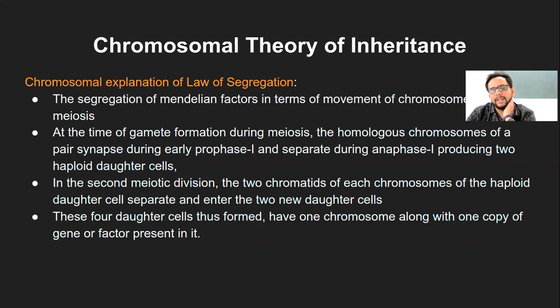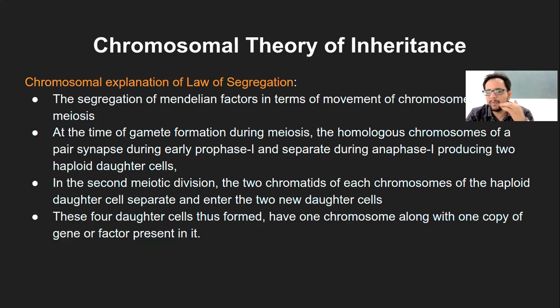The segregation of these Mendelian factors or genes, in terms of the movement of chromosomes during meiosis, was explained by this theory. That is, how the genes are segregating, how the chromosomes are segregating during meiosis, that is gamete formation, was explained by this theory, and also by Mendel, of course.